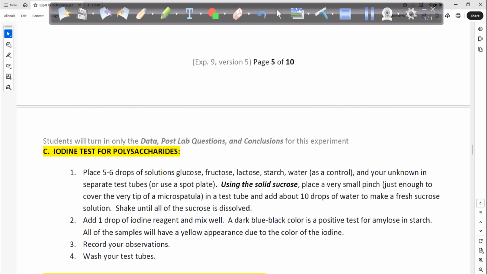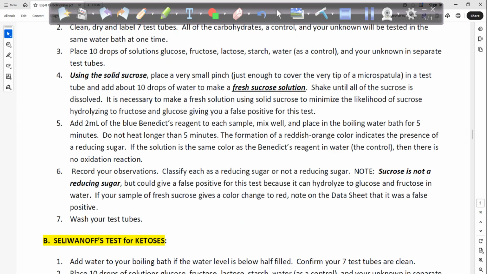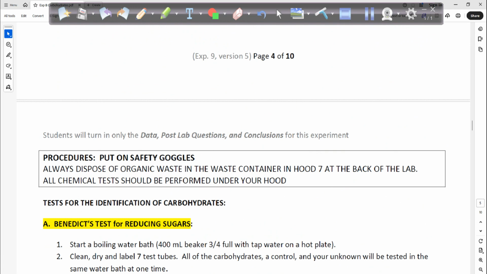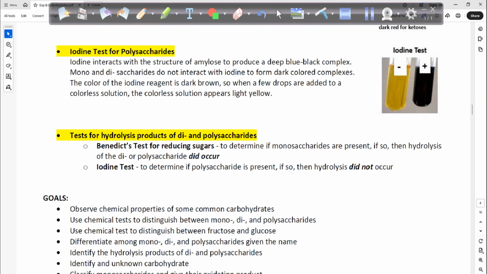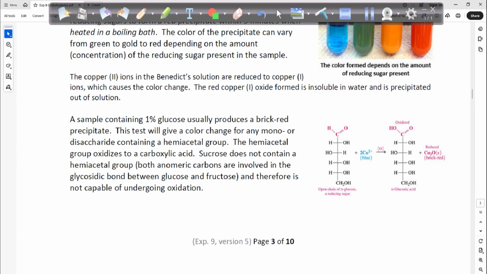So here they are. Just to show you that you have the 6 carbons connected through the glycosidic bond. This is how many carbons we have. You can calculate 1, 2.